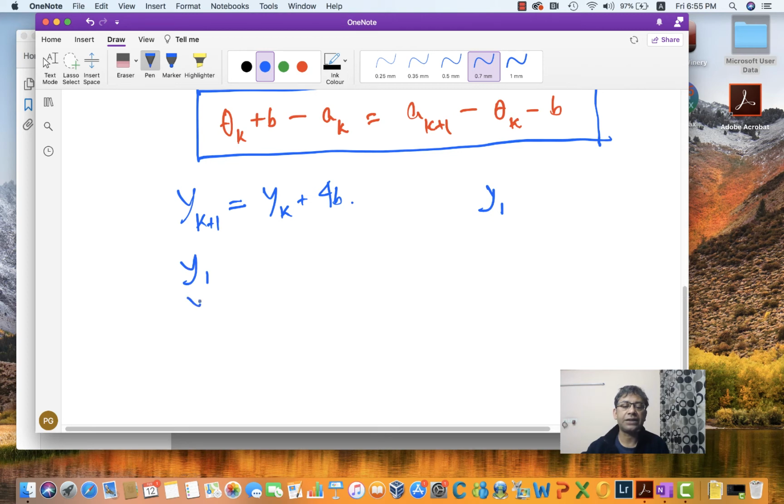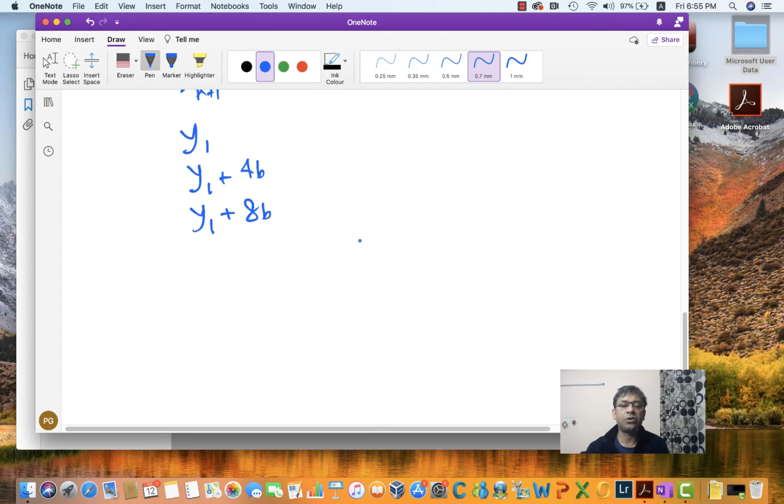What is the length of the second interval? It's y1 plus 4b. What's the length of the third interval? It's y1 plus another 4b added to this, which is 8b. And so it goes. When we reach the nth interval, it is y1 plus this 4b term added n minus 1 times, right? So that means that the last interval is y1 plus n minus 1 times 4b. Okay?